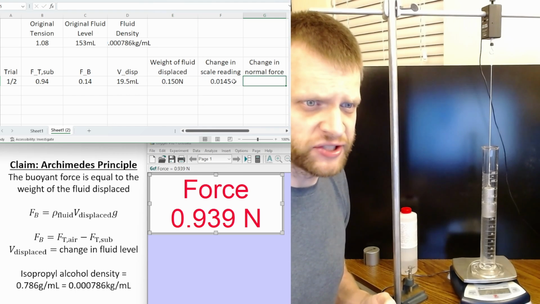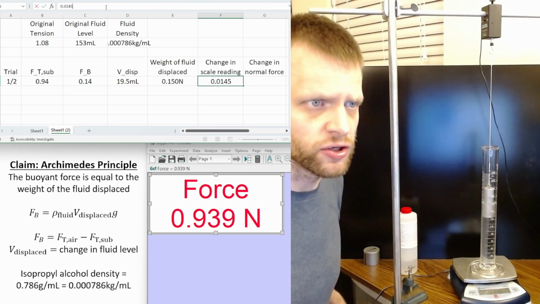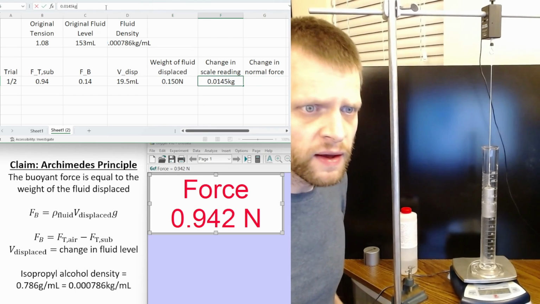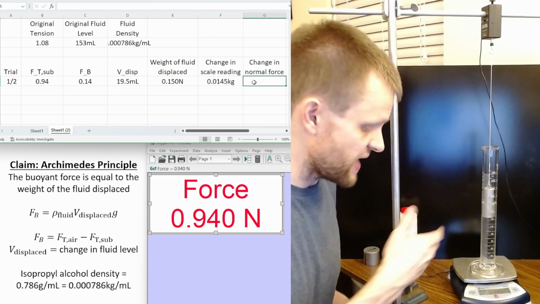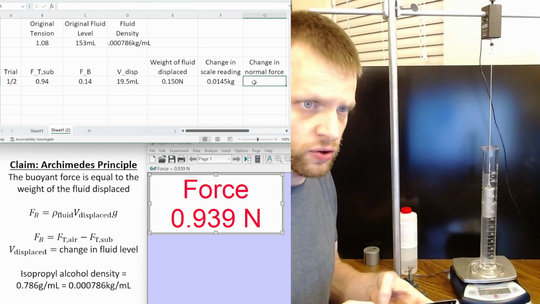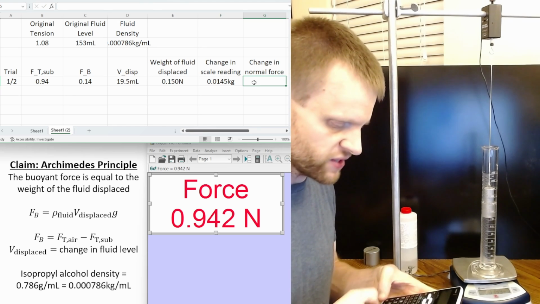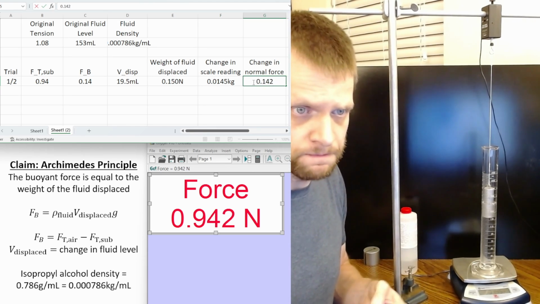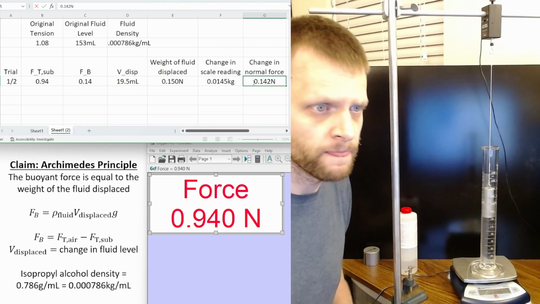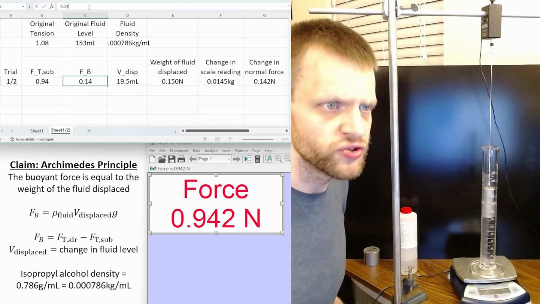If I take the change in the scale reading, this was in kilograms. And to get the change in the normal force acting on the beaker, we have to multiply that by 9.8. So 0.0145 times 9.8, we get 0.142 newtons. Again, this buoyant force was in newtons.